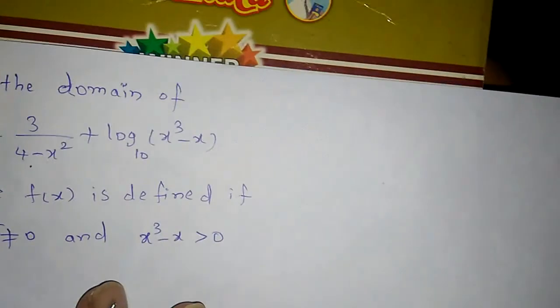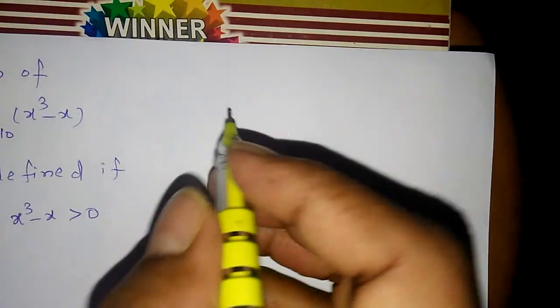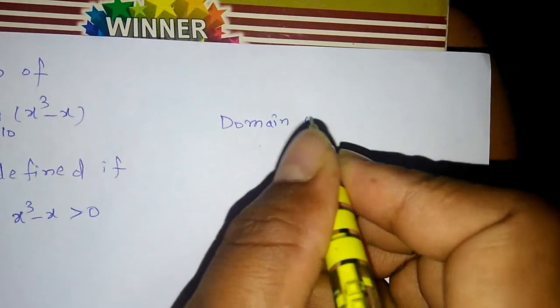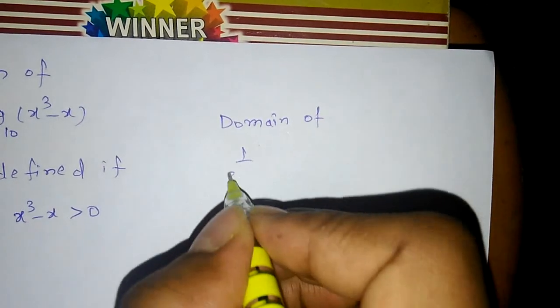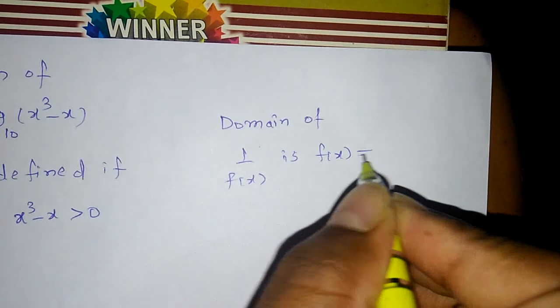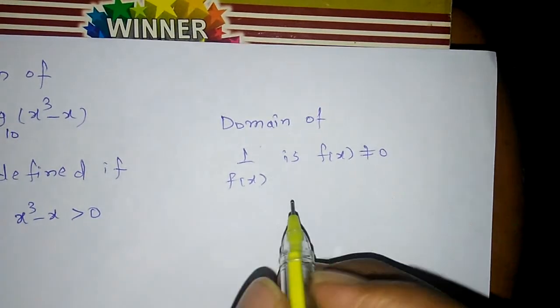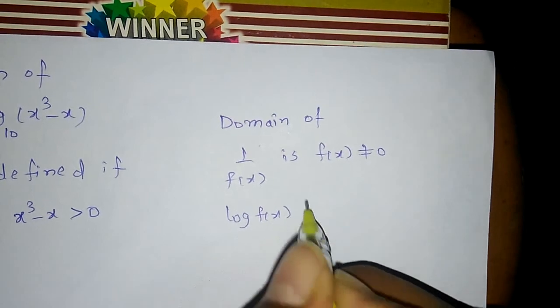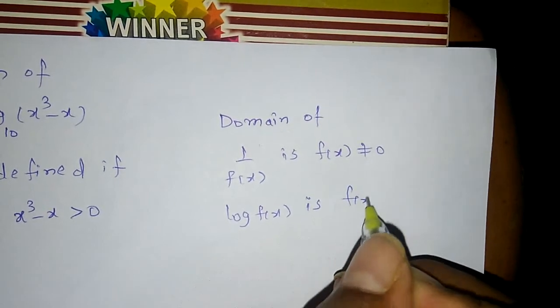Here I will write the formulas. So what are the formulas? Domain of 1 by f of x is f of x not equal to 0, and for log f of x, f of x greater than 0.